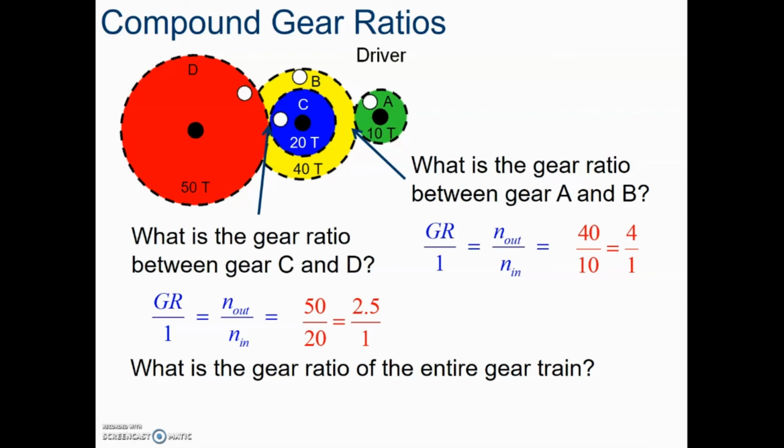So now, the gear ratio of the entire gear train is going to be 4 times 2.5, which makes 10. So that is really important, that when you're dealing with compound gear trains, you are only performing calculations on those that are meshed together, like A and B, and separately C and D, and you are multiplying those together just like you would for a simple gear train.